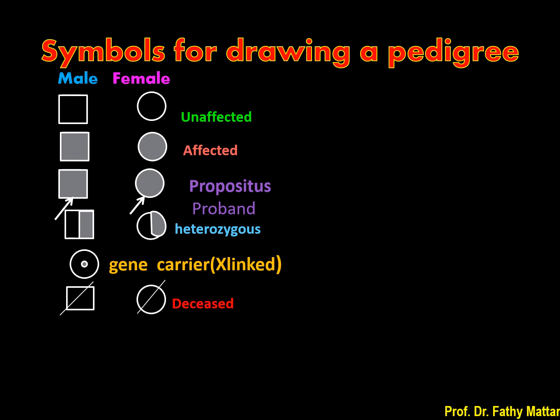The deceased person has a cross line on the circle or square, while the rhombus means that the sex is unknown.